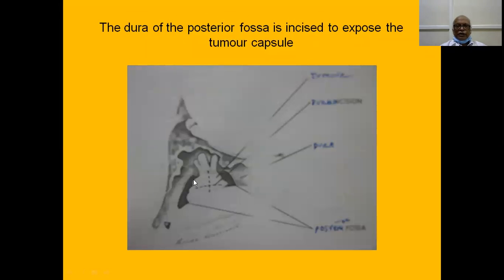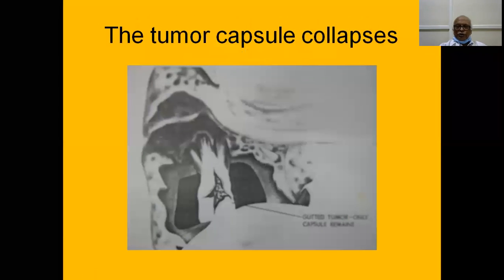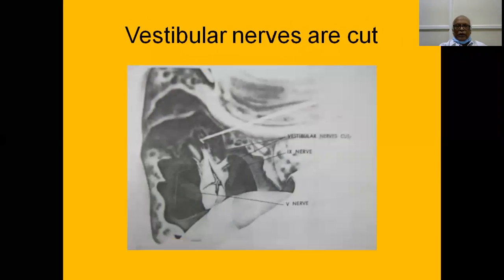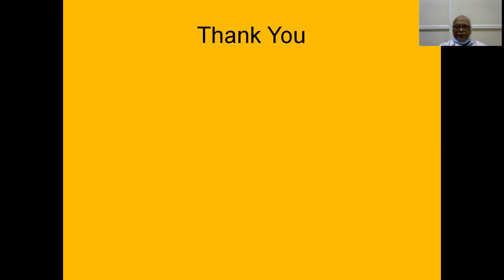Very classically, you can see the tumor. I can incise the capsule of the tumor and remove as much tumor as possible and approximate the capsule laterally. Now the capsule collapses very classically. We have already cut the vestibular nerves, and you can close the wound.